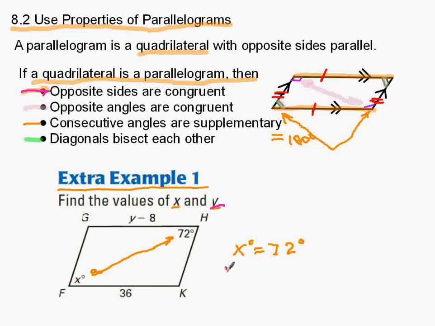So we can now write the relationship that GH, which equals y minus 8, is going to equal 36. And then we can go ahead and solve that. Adding 8 to both sides of the equation, 36 plus 8 is 44. So we'll get y equals 44.